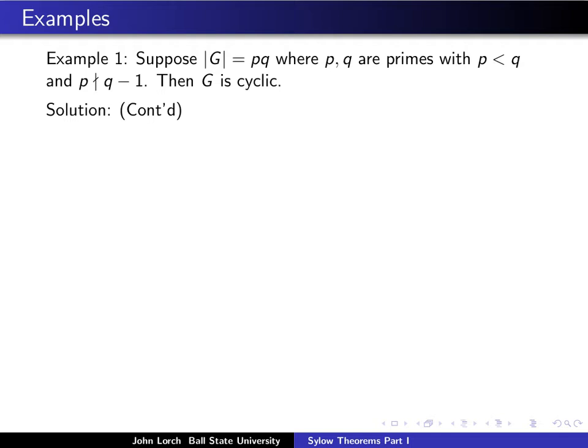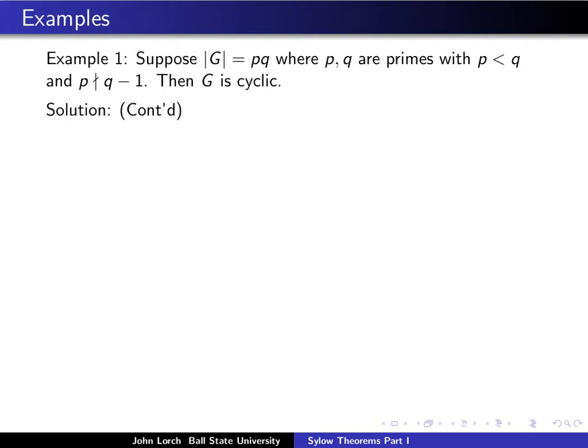Okay, we continue on with example 1. So here, remember, we have a group G of order PQ, where P and Q are primes, with P less than Q and P not dividing Q minus 1. We assert that such a group must be cyclic.